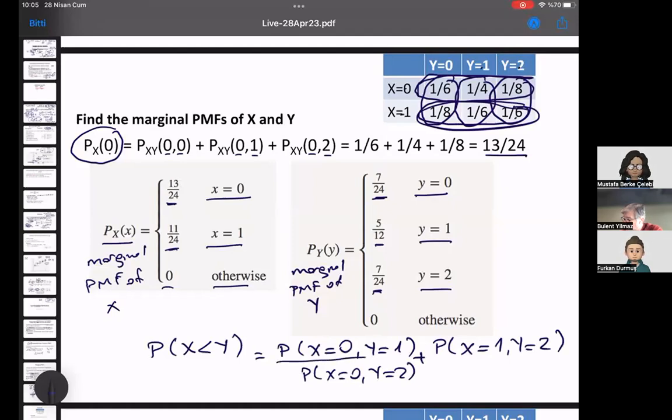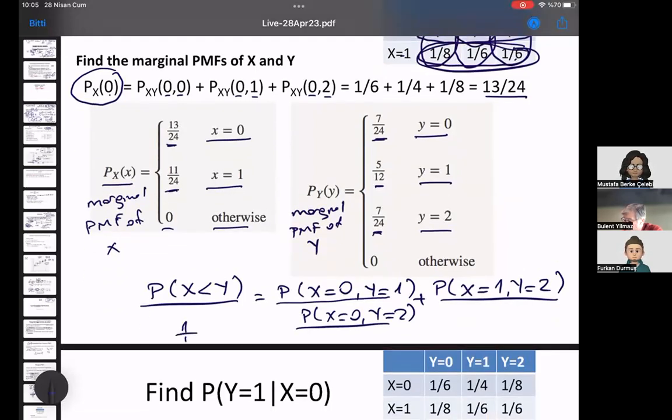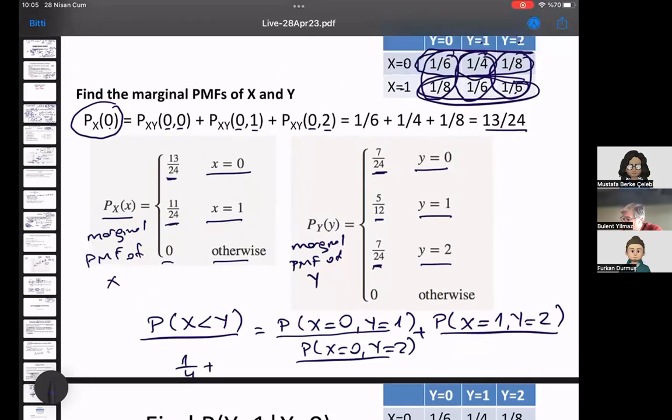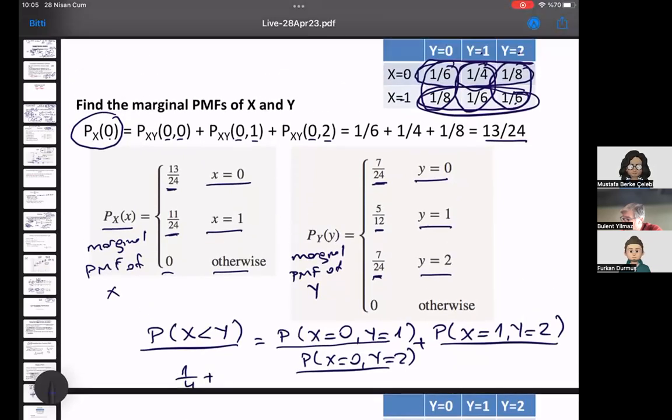So these three probabilities will make up this probability: 1/4, plus x equals 1, y equals 2, this one, 1/6, plus x equals 0, y equals 2, 1/8. So it will be 13/24.